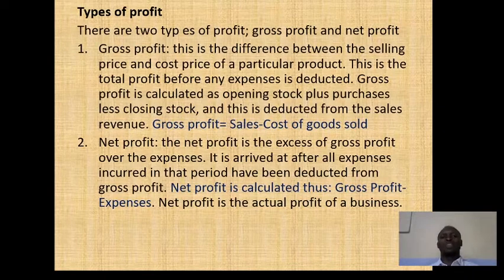It is the difference between the selling price and cost price of particular products. To calculate gross profit, you can simply say sales minus cost of goods sold. There you get your total profit.